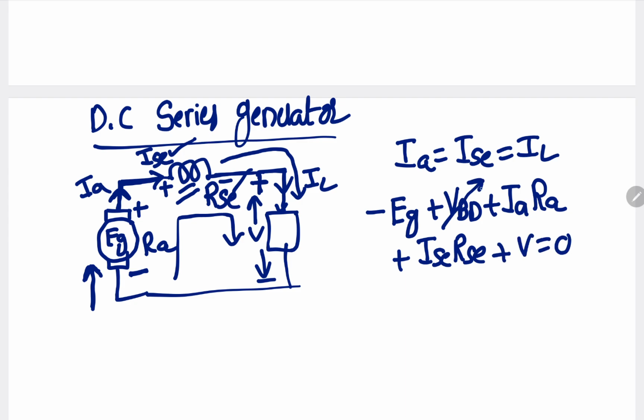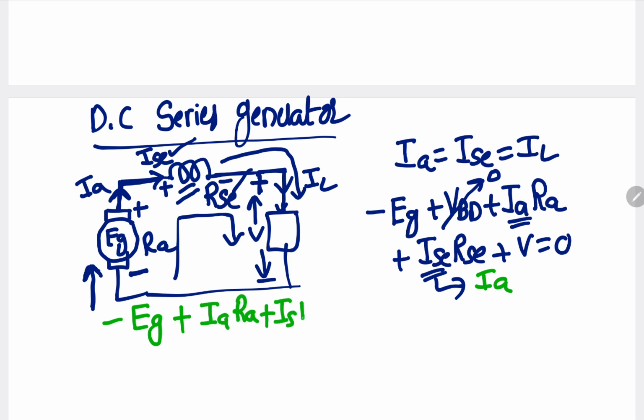If we neglect the voltage drop in the brushes, then we know this ISC and IA are both the same. Therefore this ISC I am substituting as IA only. Then what do I get here? Minus EG plus IA RA plus IA RSE plus V is equal to 0.